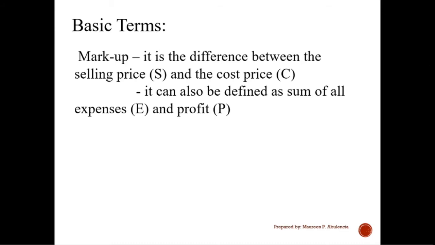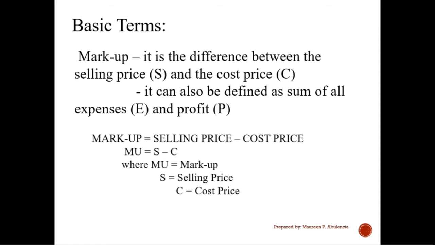So what is a markup? Markup is the difference between the selling price and the cost price. It can also be defined as the sum of all expenses and profit. So this is the formula for markup: markup equals selling price minus the cost price.